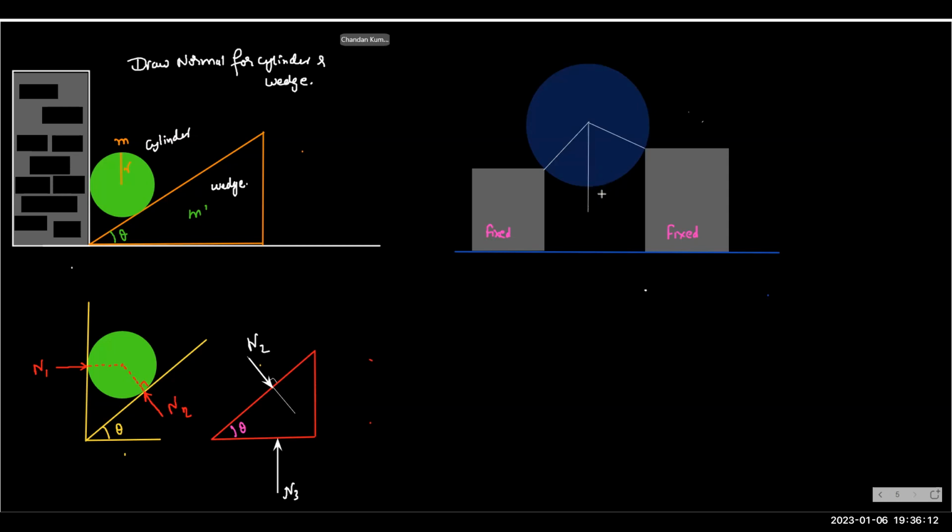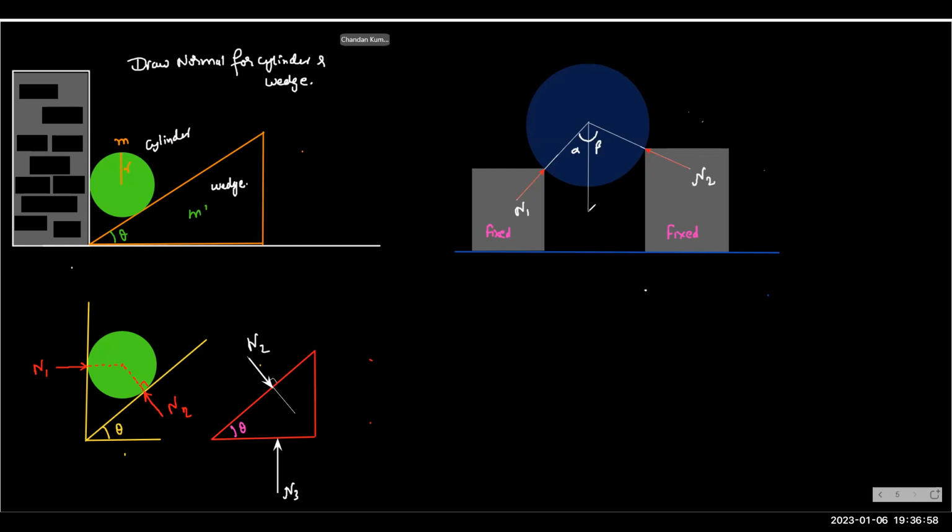Later on, you will come to know that this is how we draw gravity.